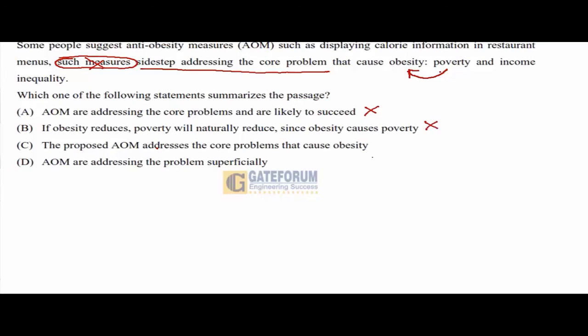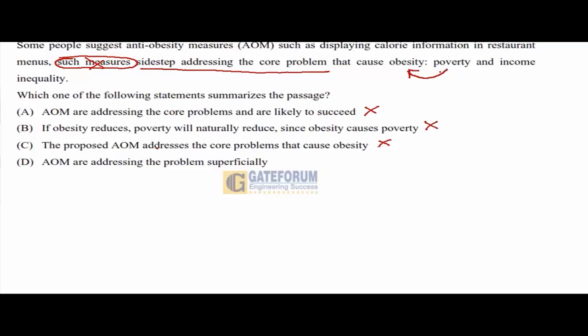The proposed AOM addresses the core problems that cause obesity. And you see, here once again, it's the same thing like the first. It is sidestepping addressing the core problem, whereas it is clearly saying it addresses the core problems. So naturally, again, going opposite to it.